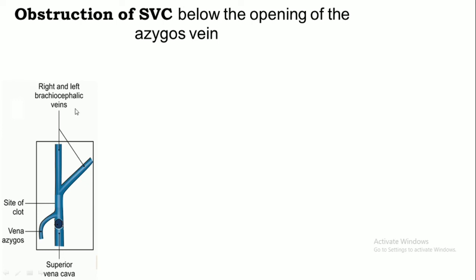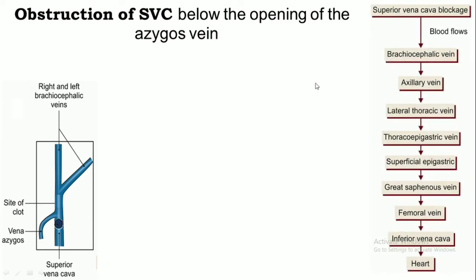As we have discussed in the thorax, this is the superior vena cava and this is the azygos vein. This is a blockage. This block is below the opening of the azygos vein. Then what happens?